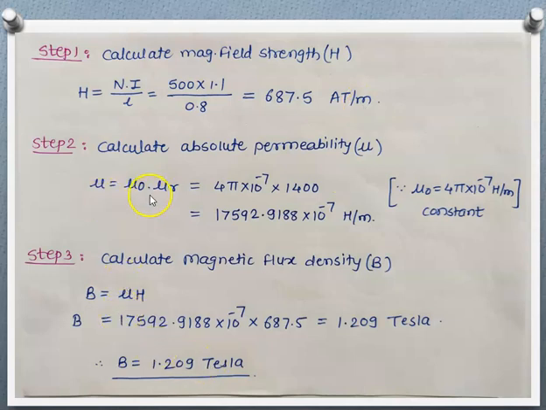And we have mu is equal to mu naught into mu r. Mu naught is 4 pi into 10 raised to minus 7, into 1400. We will get this value. Then putting these two values in B is equal to mu into H, we will get 1.209 Tesla. This is the required magnetic flux density for the given data.